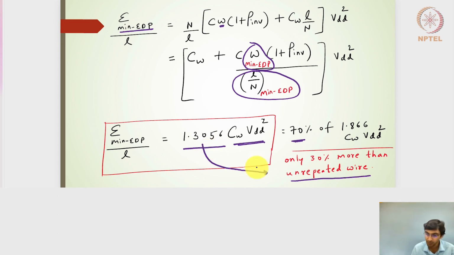So the important point to be observed at the minimum EDP point is that the delay increases slightly by 14%, but the design, with its number of repeaters and the width of the repeaters, gives us a 30% reduction from the 1.866 CW VDD square.